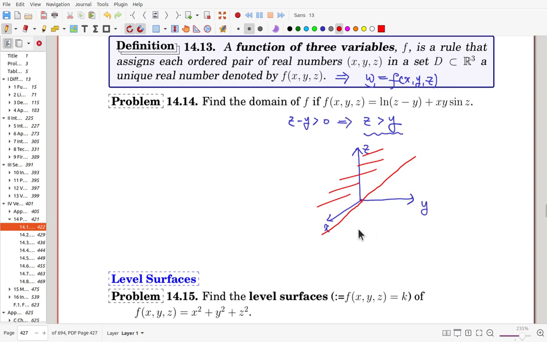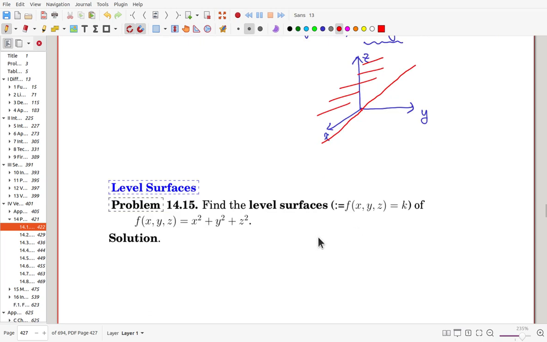We learned the level curves. Now level surfaces are defined in this way: the function f of x, y, z equal to k. Earlier for level curves, f of x, y equal to k. Now for this function, we define level surfaces in this way.